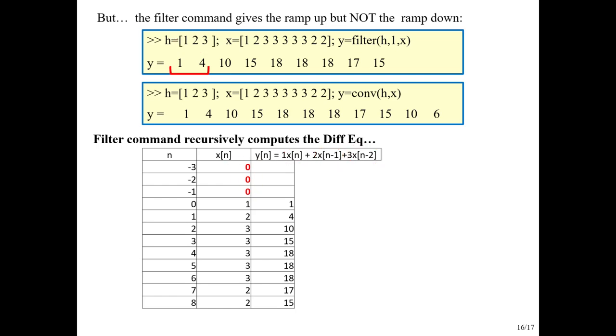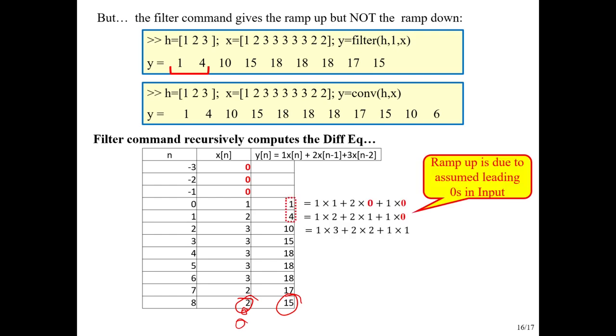Since this is an FIR filter, I don't need any initial conditions, so I don't really need to fill in anything there. And it just recursively computes it until we reach the position of the last value of the input. And then it stops. It could continue on, assuming that there are zeros following the input, but it chooses not to do that. That's MATLAB's choice.